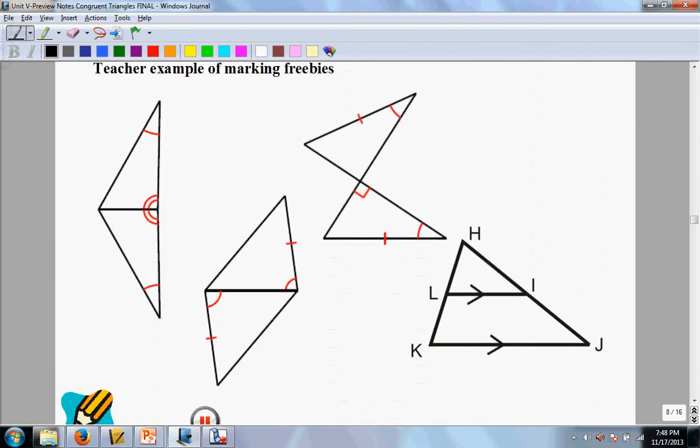Let me give you some more examples. So here in this first one, we have a reflexive side. Trace it, hatch mark, S for a reflexive side. Second one, we have another set of reflexive sides, a side that's completely shared. We trace it, hatch it, put S for congruent sides.